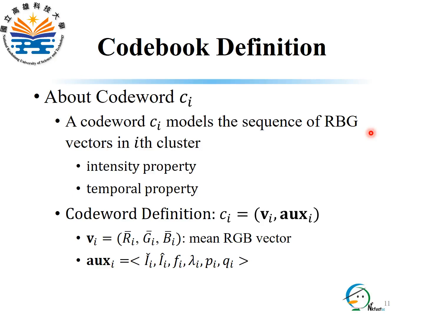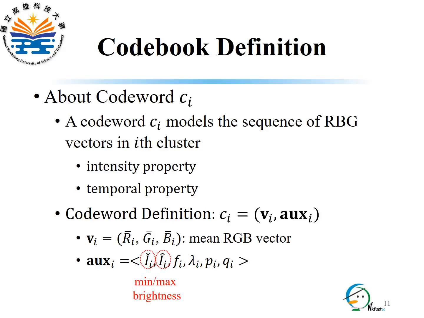It models intensity as well as temporal properties. A codeword Ci is composed of 2 attributes, Vi and the auxiliary Auxi, where Vi is the mean RGB vector of all samples in this cluster, and Auxi is a tuple consisting of 6 elements.